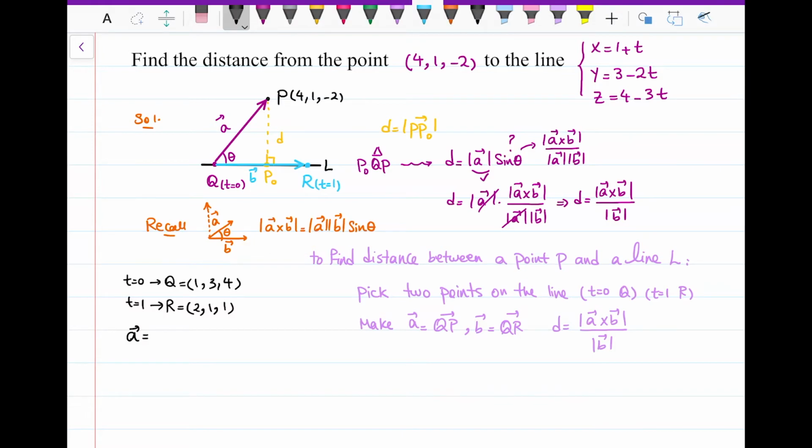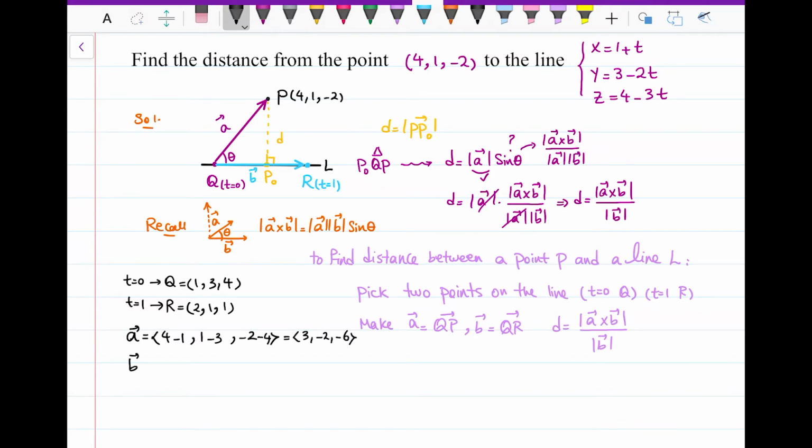So A would be QP, this vector, and so the coordinates of the endpoint minus the coordinates of the beginning point is giving me the vector A. So 4, 1, negative 2 minus the beginning point, which would be 1, 3, and 4 here. So I get 3, negative 2, and then negative 6.